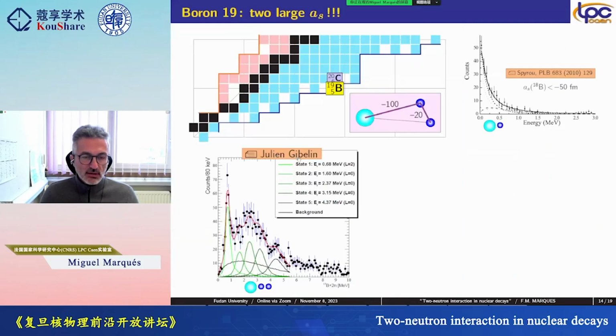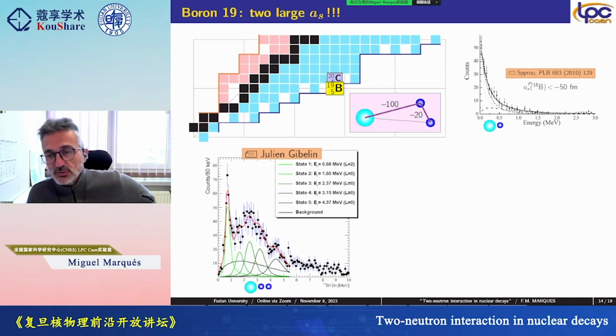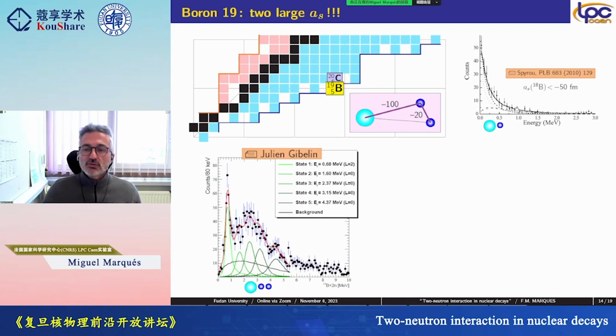What is interesting about boron-19? You already know that the neutron-neutron scattering length is very big, about -20 fermis. In this particular case, this scattering length is even bigger. So the boron-17 neutron scattering length, there is only one experiment from MSU, and you see here the virtual state going to 0, the boron-17 neutron virtual state.